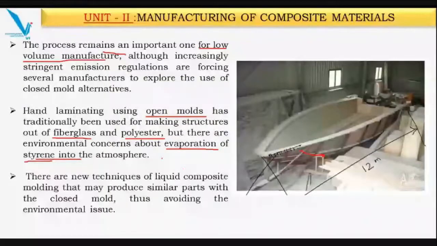So proper protective gear should be used so that these gases are not inhaled, otherwise it will create health issues for the workers. This evaporation of styrene into the atmosphere is why closed molds are sometimes preferred. There are a few techniques of liquid composite molding that may produce similar parts with closed molds, thus avoiding the environmental issues. So that is one of the drawbacks of the hand-layup technique.